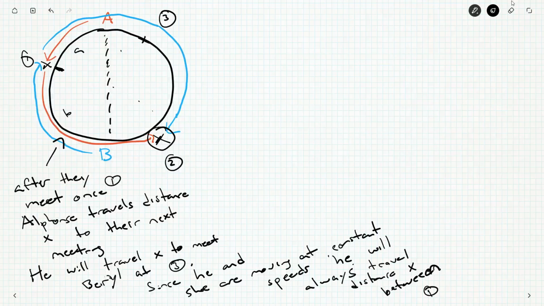So he's at 1, and then he goes to 2, and then he travels distance x to go to 3. Then he can't go back to 2, because that would be going x in the other direction, so he's going to have to meet again at 1.